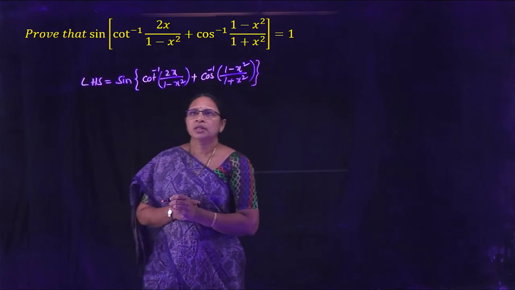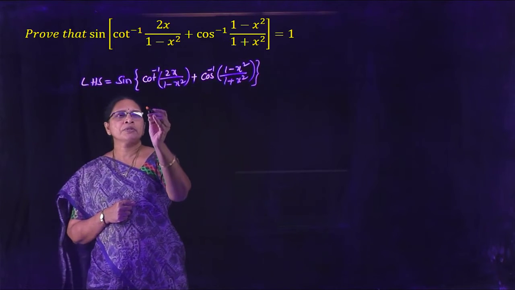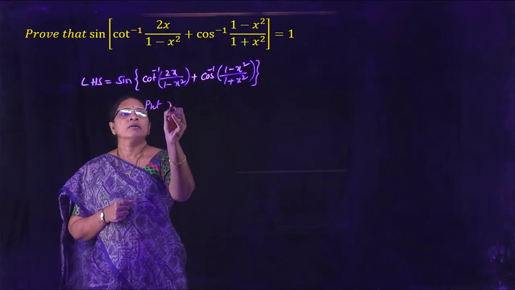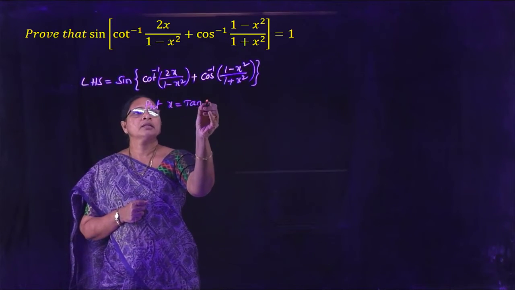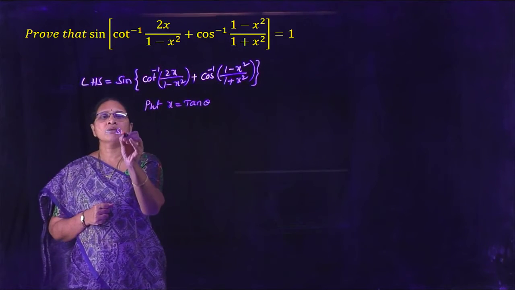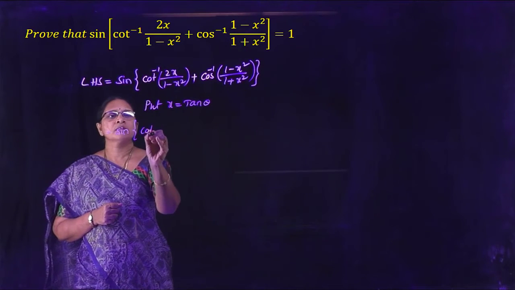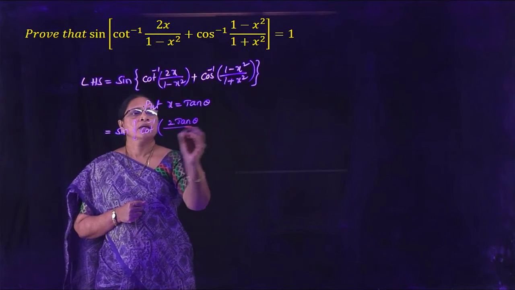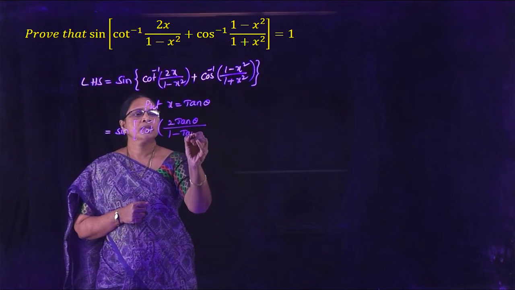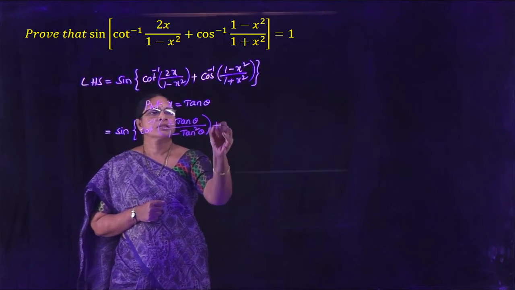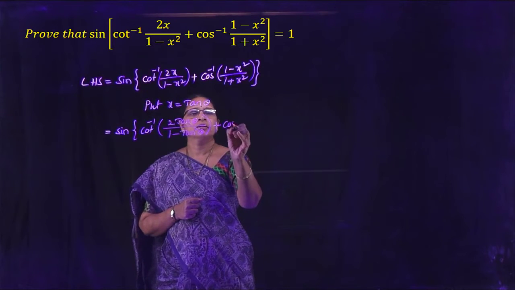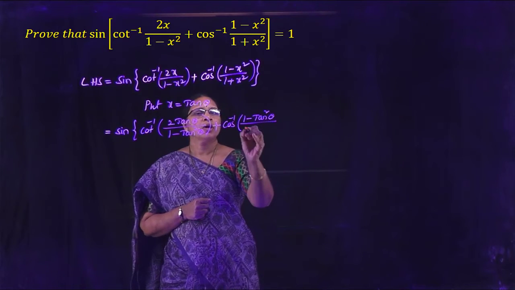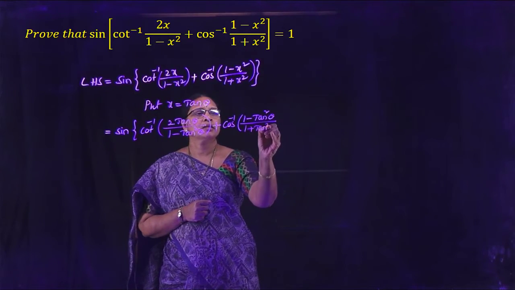According to the given problem, we have to substitute x equal to tan theta. That is equal to sine of cot inverse of 2 tan theta by 1 minus tan square theta plus cos inverse of 1 minus tan square theta by 1 plus tan square theta.